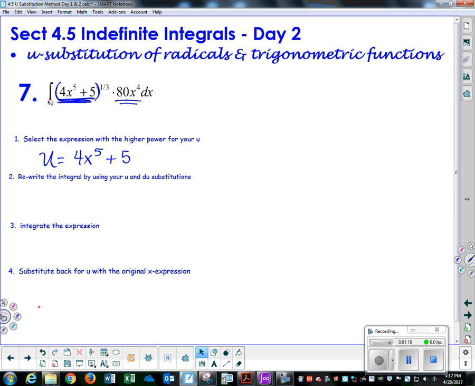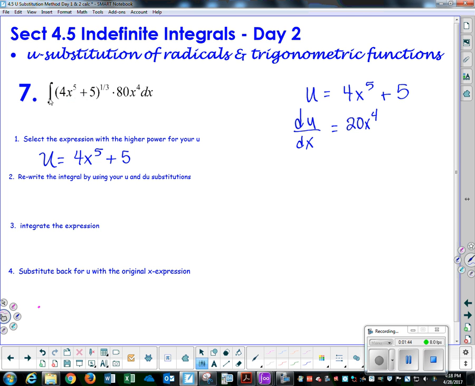By doing that, I can come over to the side and do a little planning on my scrap paper, thinking u should be equal to this. If I take the derivative of each side, I have du with respect to x of 20x to the 4th, and that's all I get there, right? Now I come back across and look at my original problem. If this becomes my u, I'll have u to the 1/3.